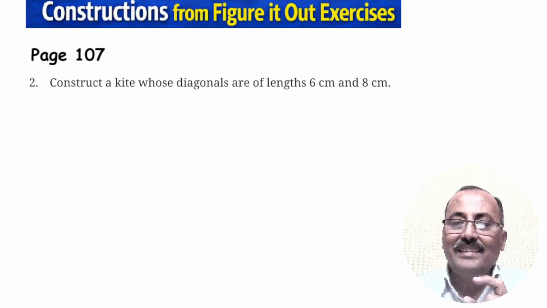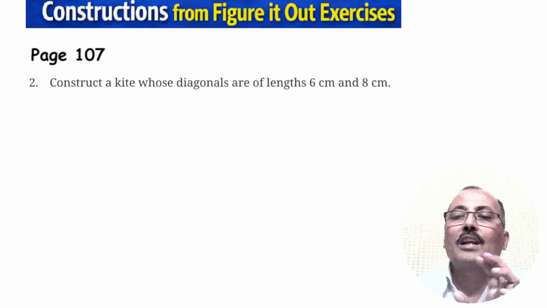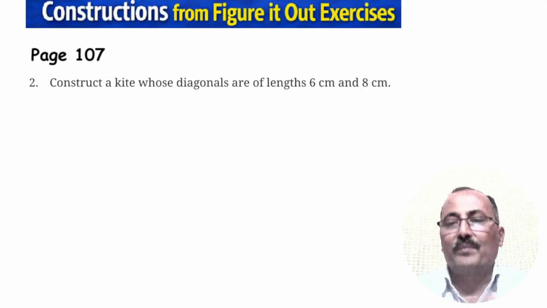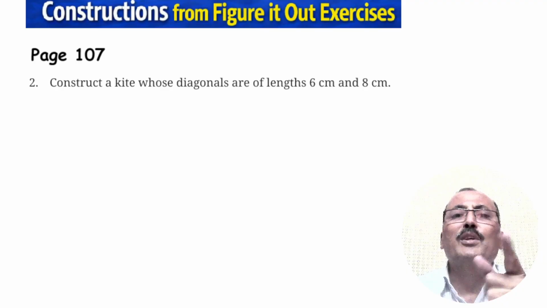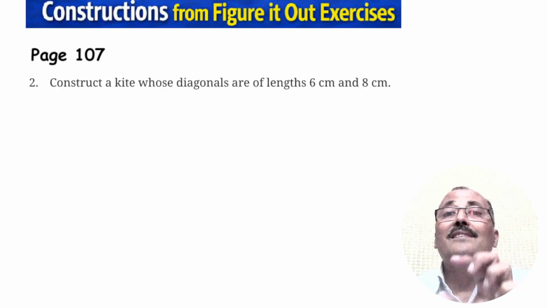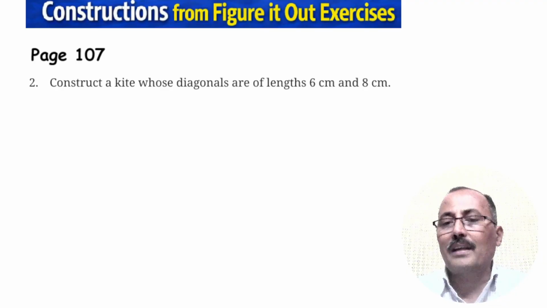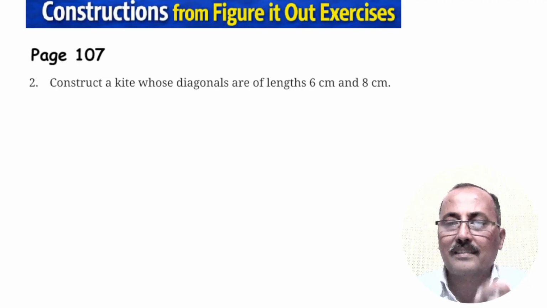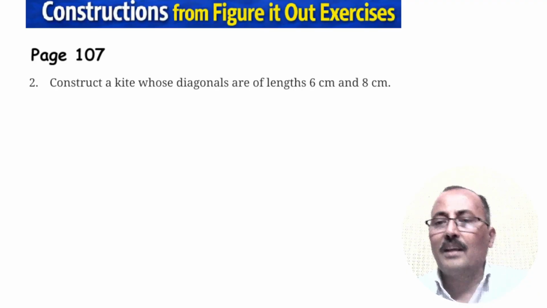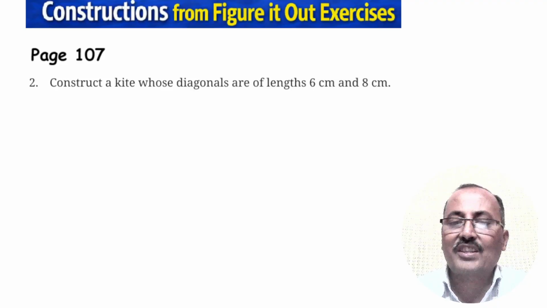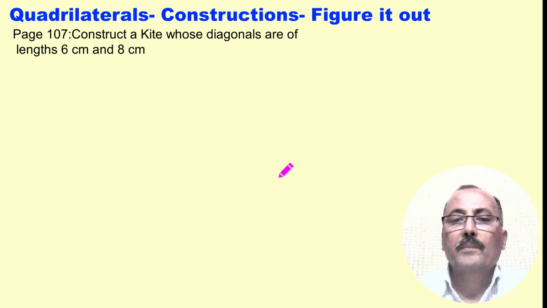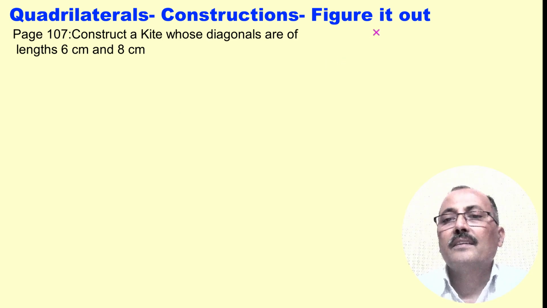Now in that, there is only one important property you have to know. That I will come to. Now what are the measurements given? Diagonals of length 6 centimeter and 8 centimeter. Let us remember that in the rough diagram. I'll shift over to the constructions page. Let me draw a kite.